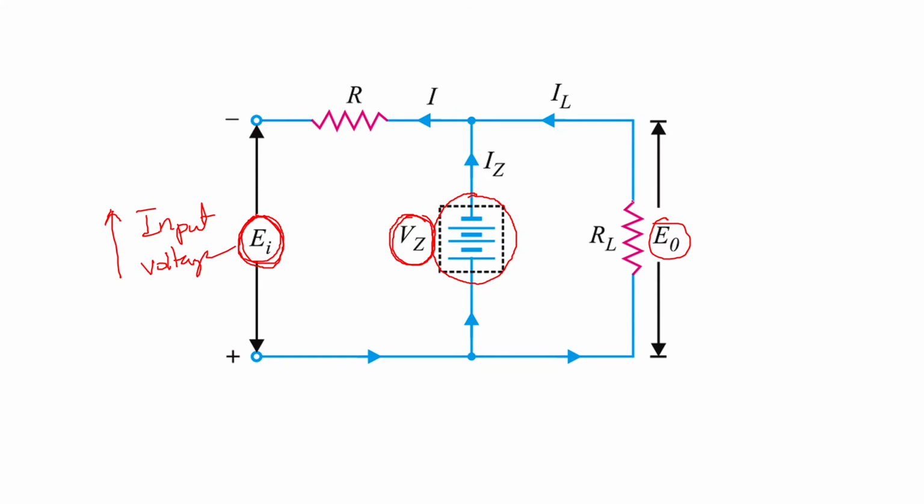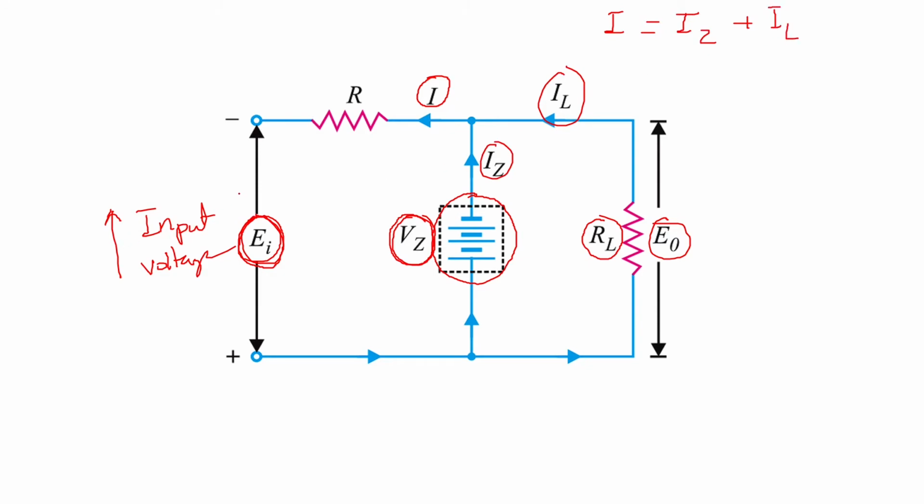Now here the load RL will remain constant, it is not going to vary, but you have increased the input voltage. So what will increase is your input current. And we know the relation of input current I is equal to IZ, that is Zener current, plus load current IL.